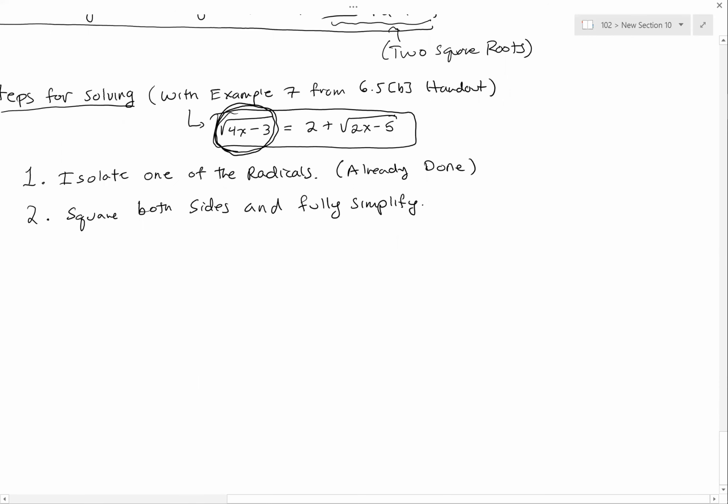Okay, so I have the square root of 4x minus 3 is equal to 2 plus the square root of 2x minus 5. And I'm squaring both sides. The left-hand side simplifies pretty simply. The square and the square root will just cancel each other.